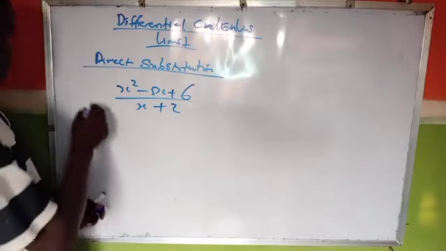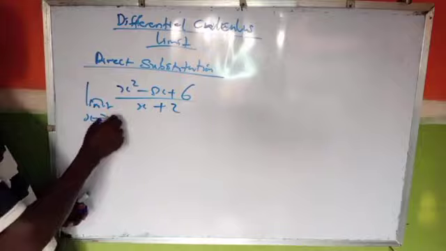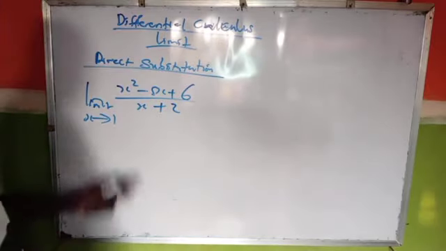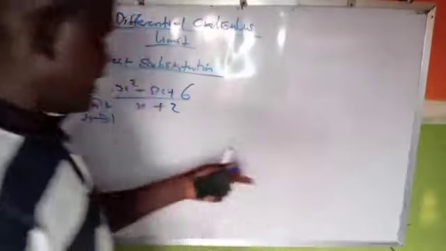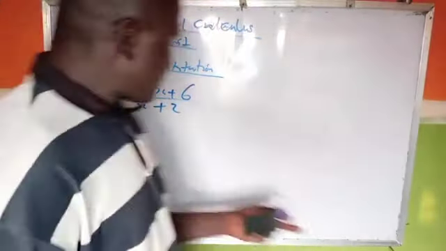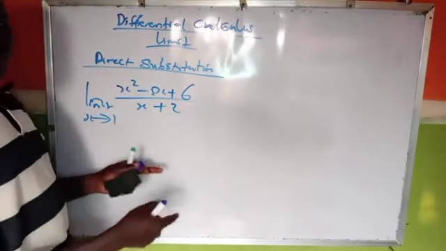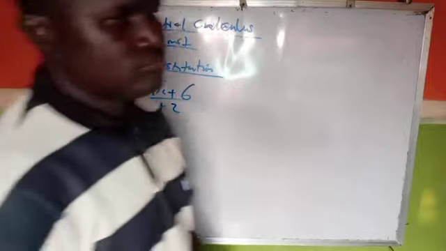Let's say the limit as x tends to 1. For this expression, if x tends to 1, you want to test. You just look at it: if you substitute 1 into this, will it give you a real value?